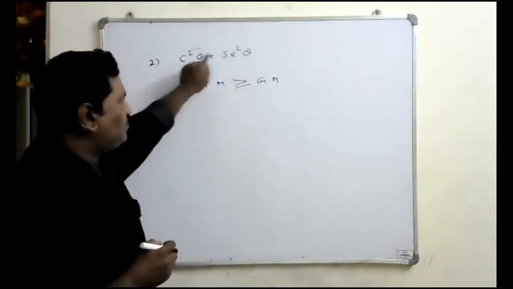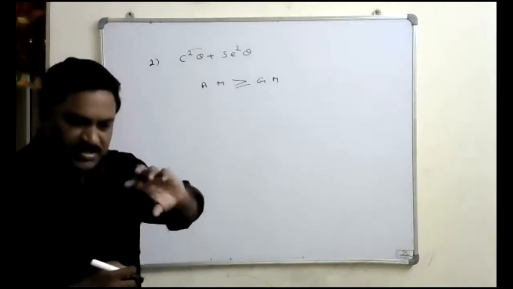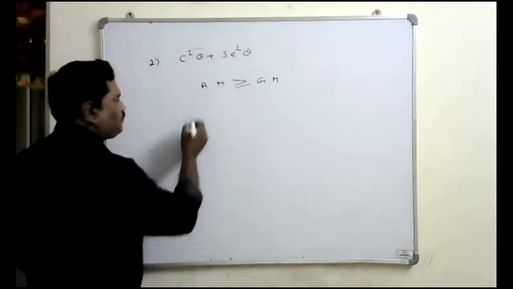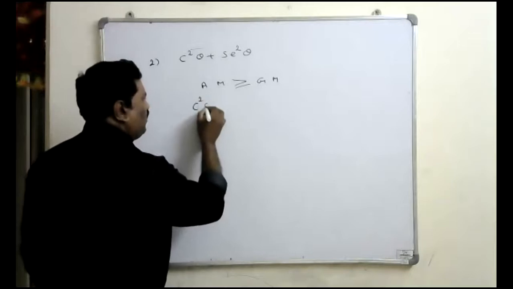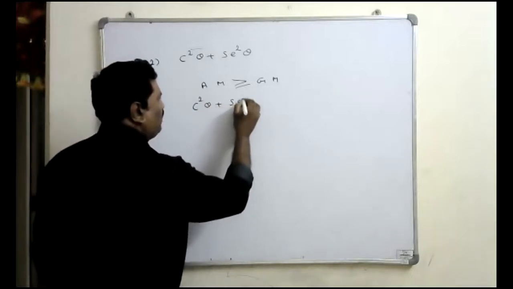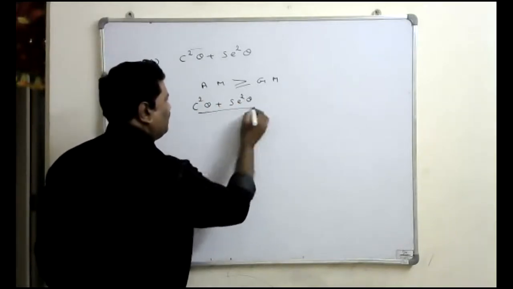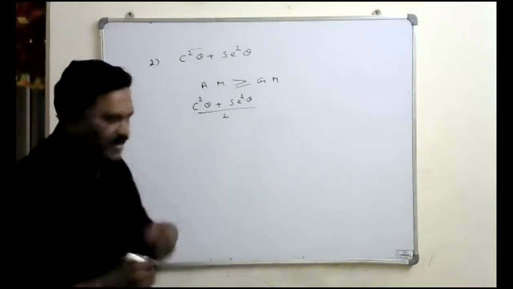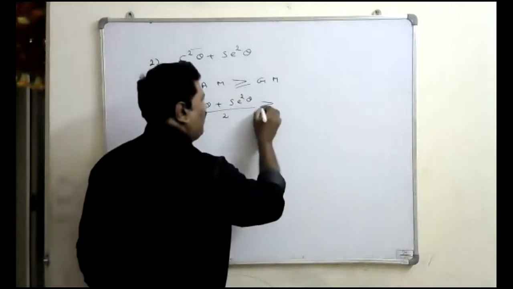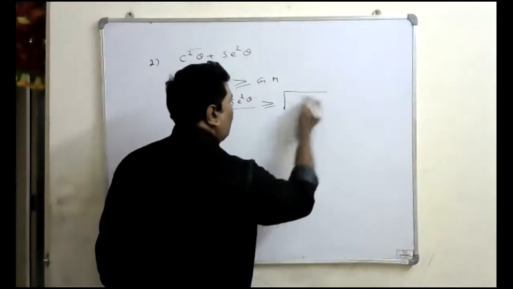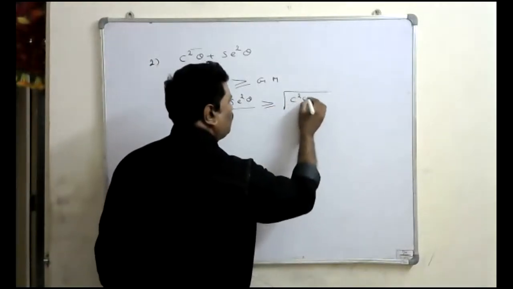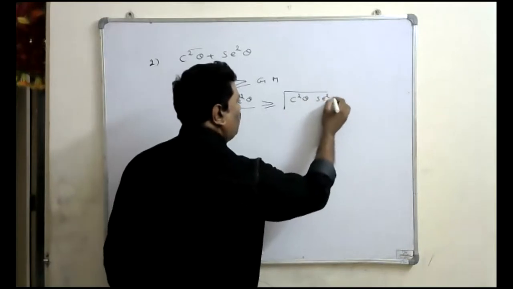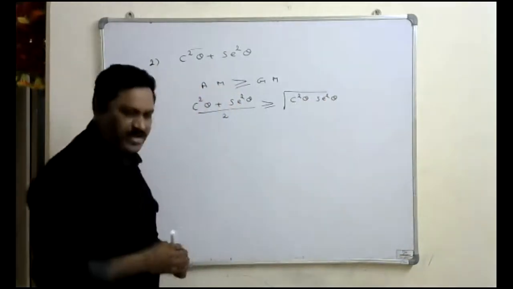Consider this is one term, this is another term. Their arithmetic mean is (cos square theta plus secant square theta) by 2, that is A plus B by 2, greater than or equal to their geometric mean, under root AB, that is under root of cos square theta into secant square theta.